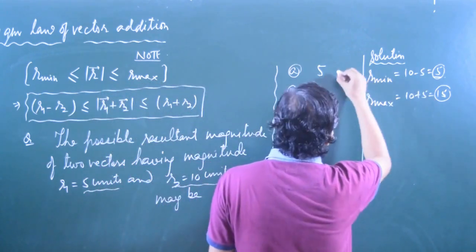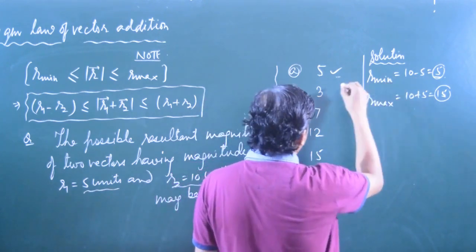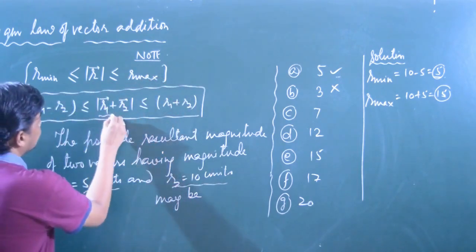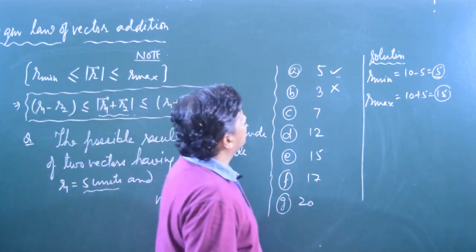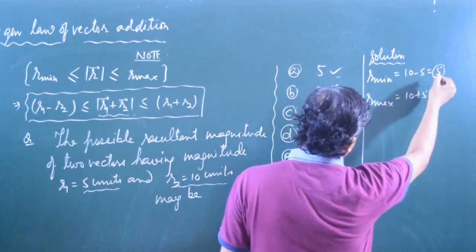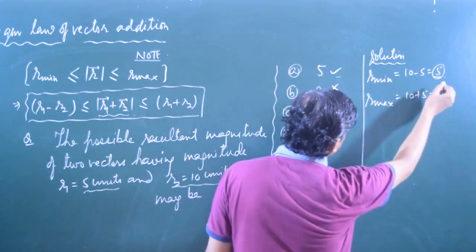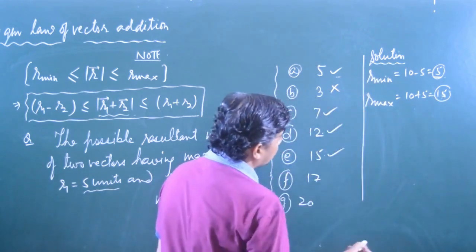So minimum 5 is possible. 3 is less than the minimum value, that is not possible. Then 7 is between the minimum and the maximum, between 5 and 15, that's why it is possible. 12 is also between 5 and 15, it is possible. 15 is the maximum result, that is also possible.